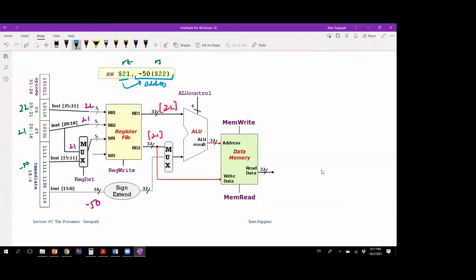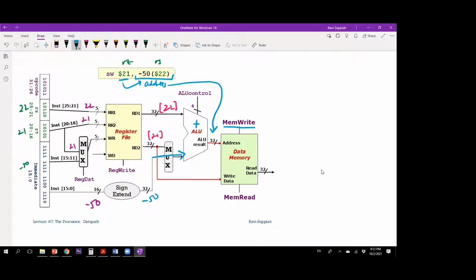So the address is again, as just now, the content of register 22 added with negative 50. Negative 50 is the one that will be selected through this multiplexer here. All right, and here I will again do the add operation and I'll get the address. So this address is what I'm going to specify over here. Since this is a store word instruction, your mem write will be activated and together with the data from register 21.